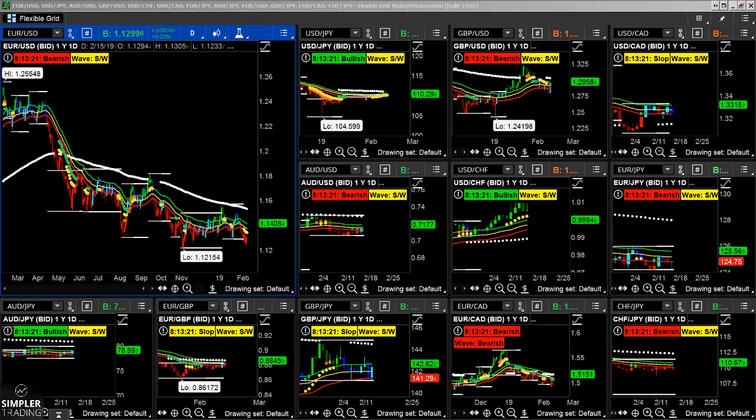It's all about, am I buying a strong currency against a weak one? Or am I shorting a weak currency against a strong one? It's really not something that people outside the currency world have to think so acutely about. It's absolutely at the heart of watch list building when it comes to foreign exchange.